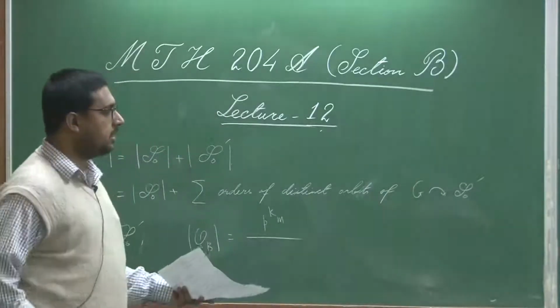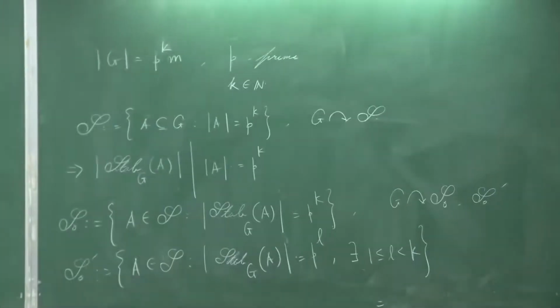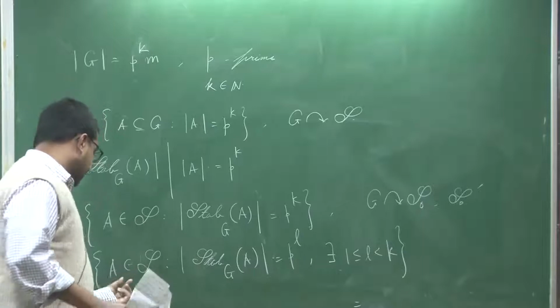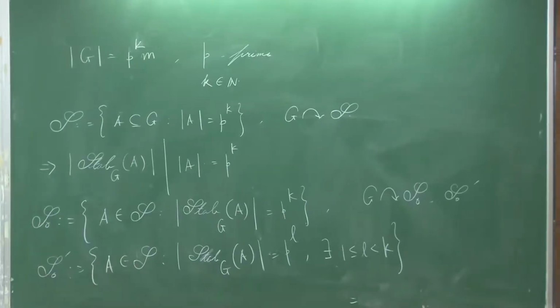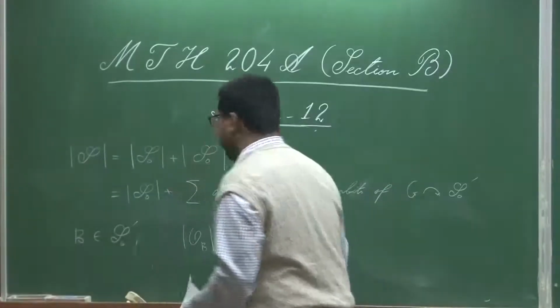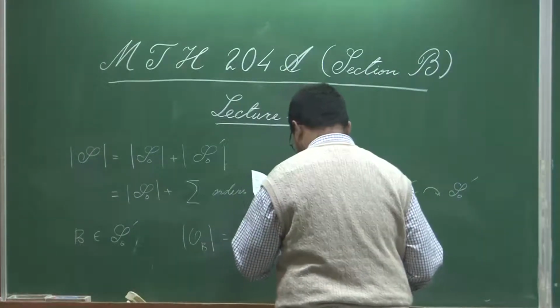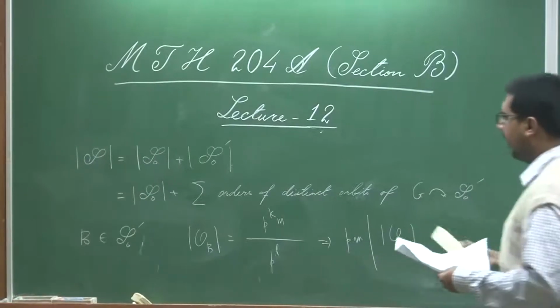The order of the stabilizer has to be some power of p, but that power is not exactly k, because B belongs to S naught prime, so the stabilizer of B is going to have order less than p to the power k. So basically it will be p to the power l, but l is less than k.